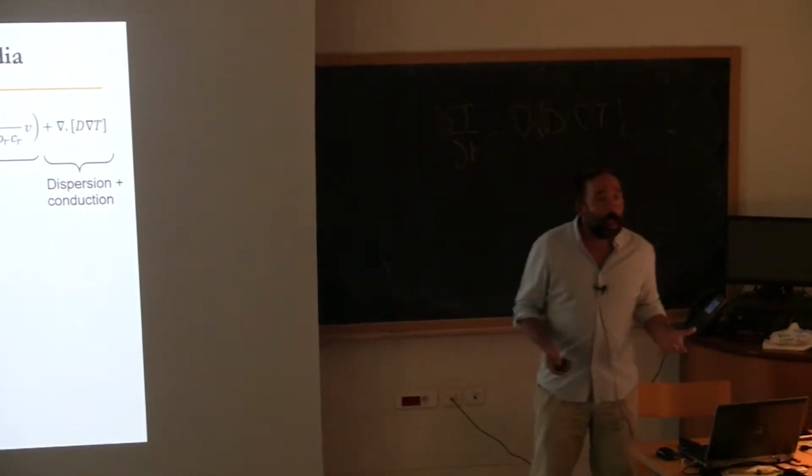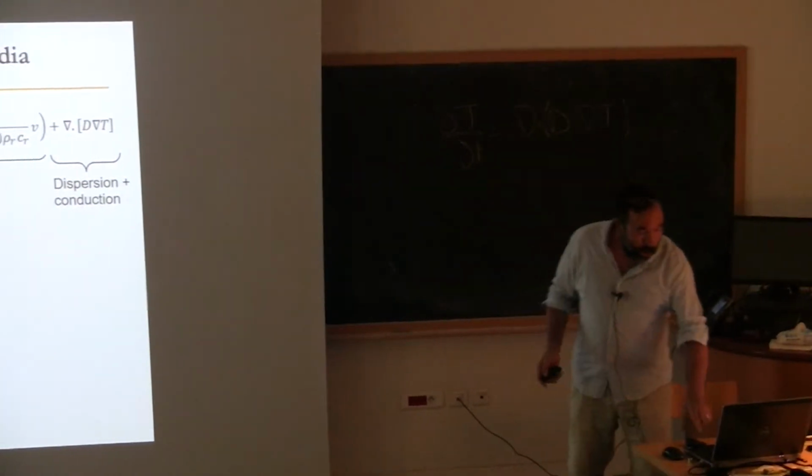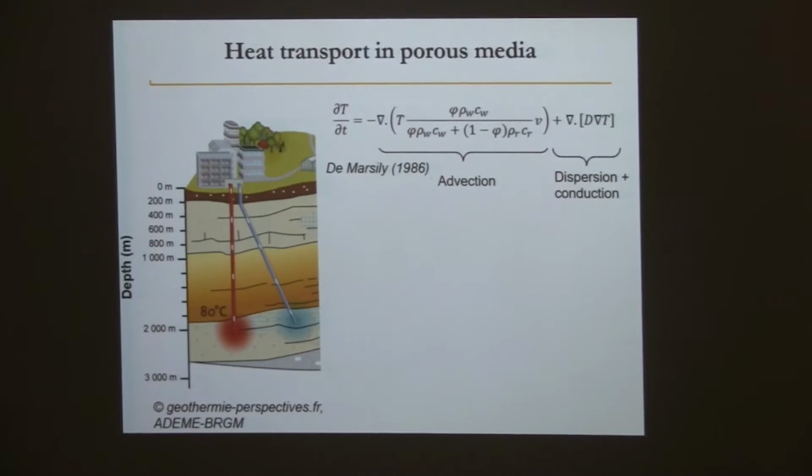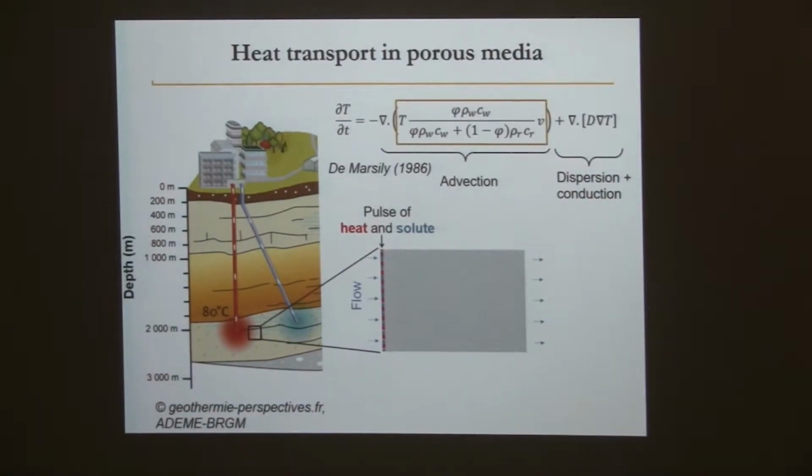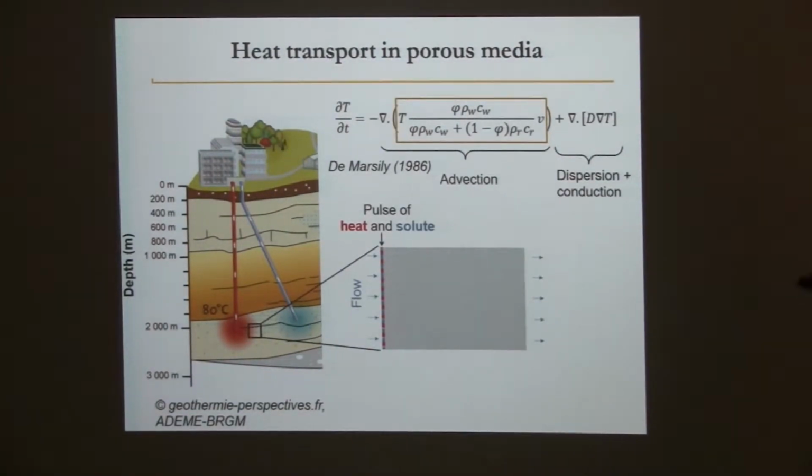This is what is classically done. In this term, phi is the porosity, and 1 minus phi represents the solid phase, and then you have the heat capacity of water and the heat capacity of the rocks.